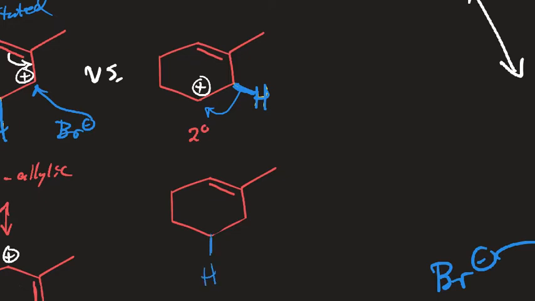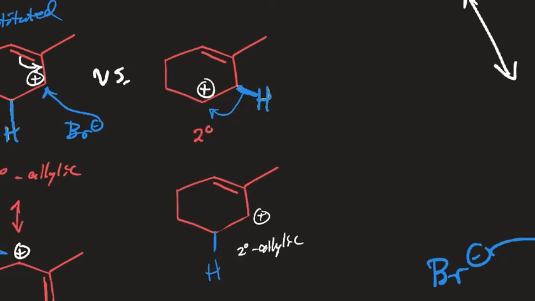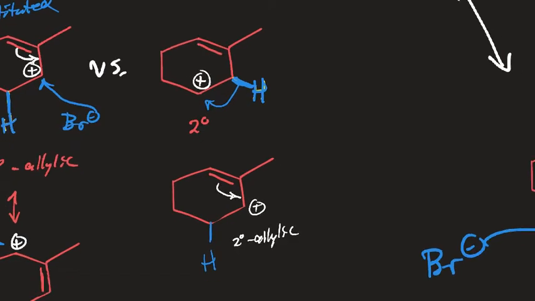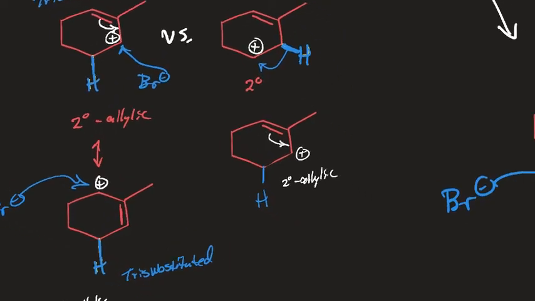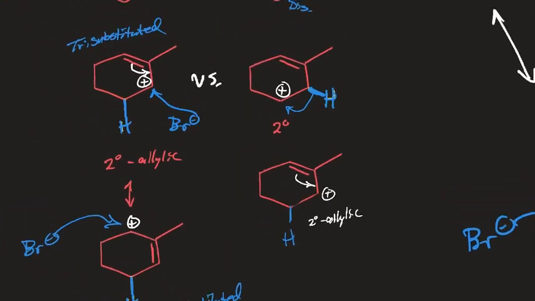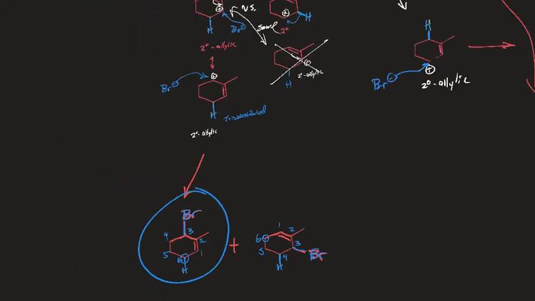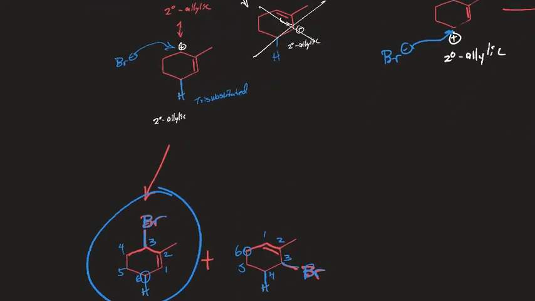Moving the hydrogen there, and the positive charge here, that'll be secondary allylic, and you have tri-substituted. Again, if we did that, what you'll notice is that these are the same. So it's not giving us anything different there. So we just get one possible product.